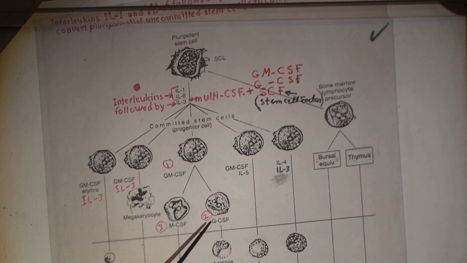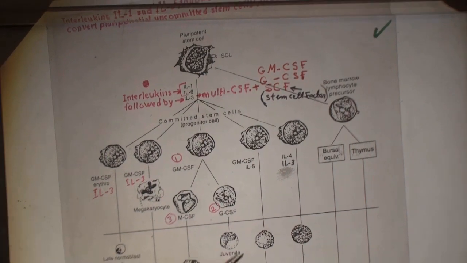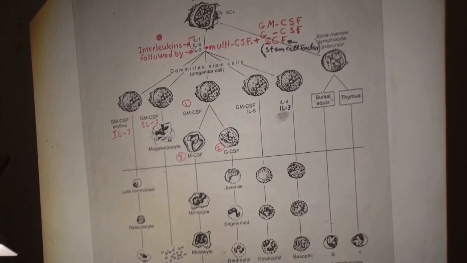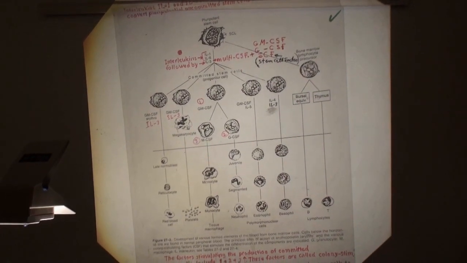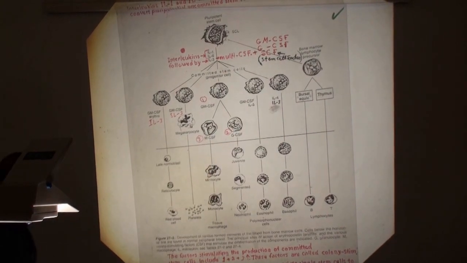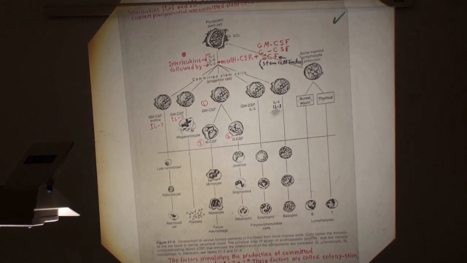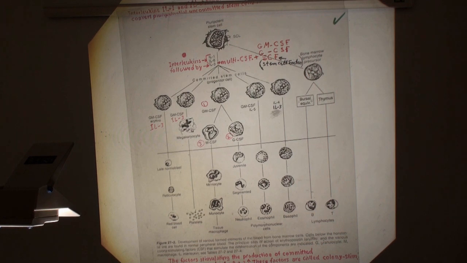You see, this granulocyte colony stimulating factor affects the production of neutrophils, and the same factor affects another cell, even red blood cells, or eosinophils. You see, there is overlap of the action of the factors involved in the production of the white blood cells.